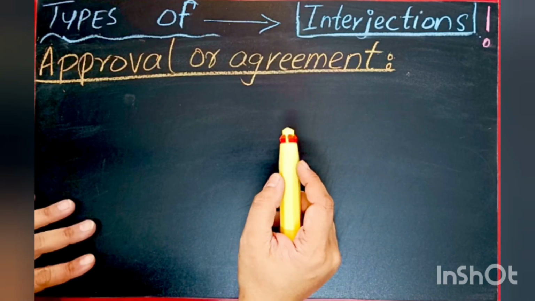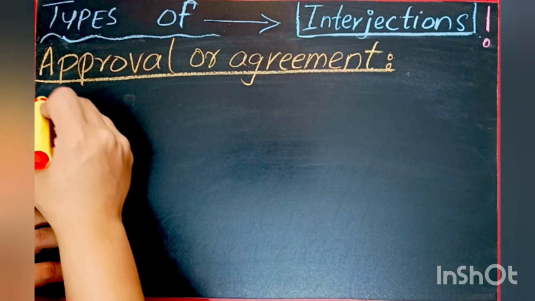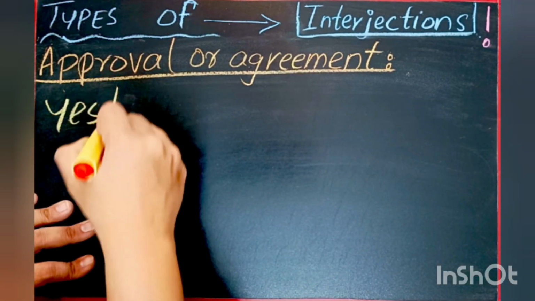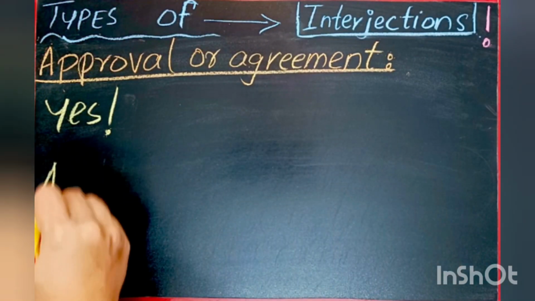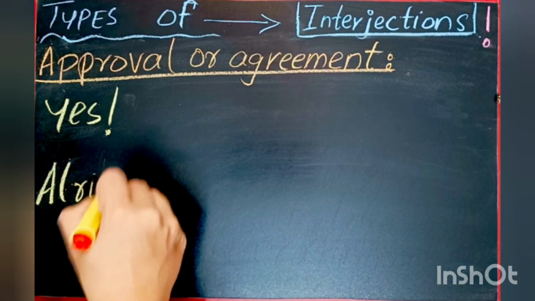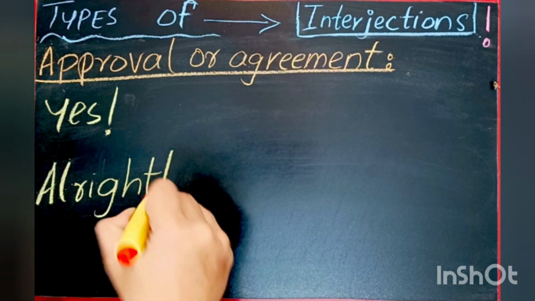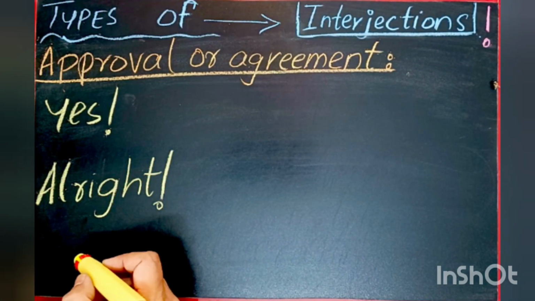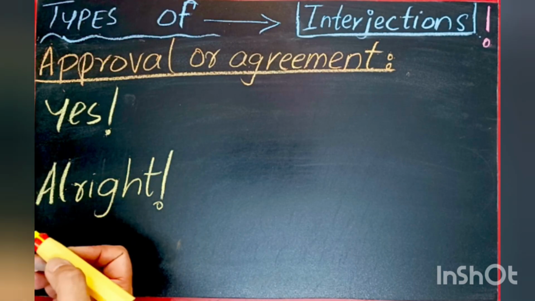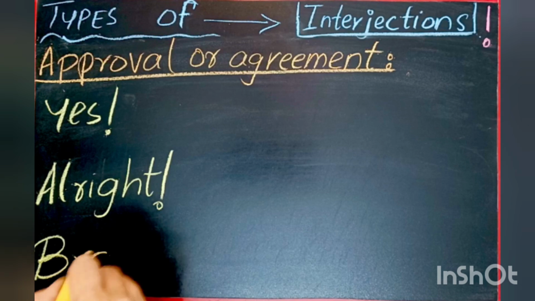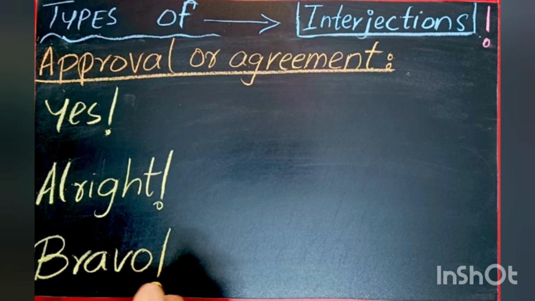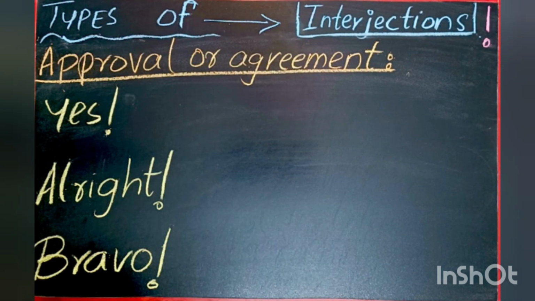Like when we say yes or all right, or sometimes we appreciate someone by saying the word bravo. Not bravo, it's bravo. Let's learn these with the help of examples.